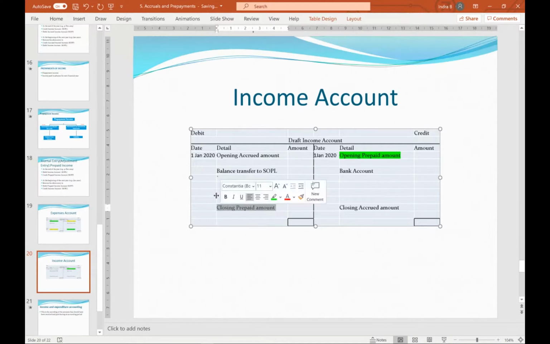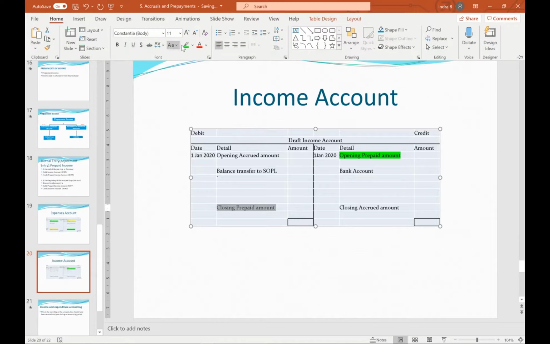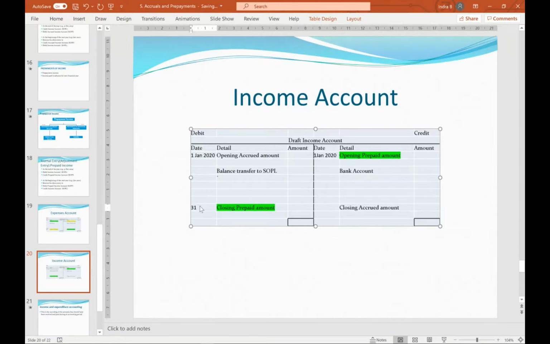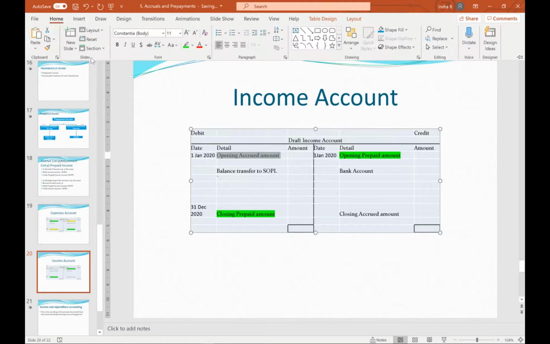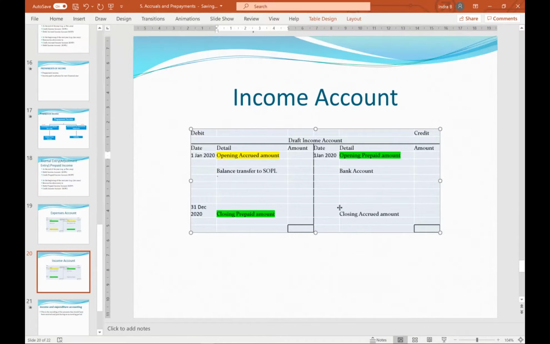So this thing should make sense to you. And this thing, they are in yellow. It's an income account, so they may ask you one of them.